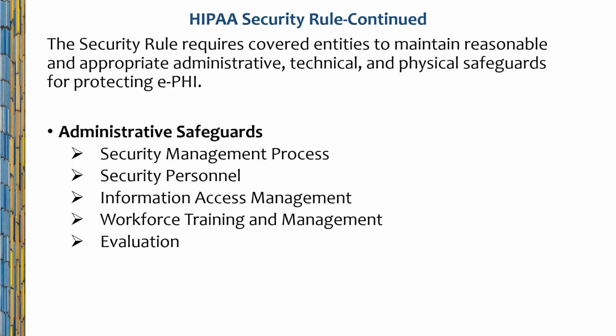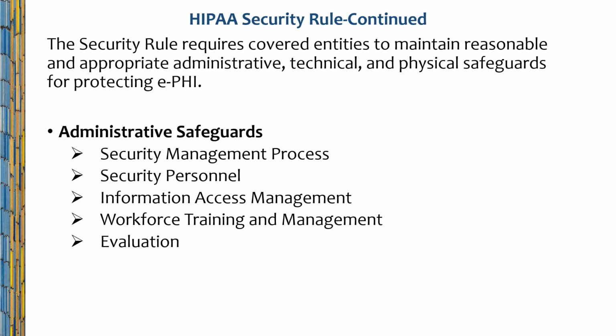A covered entity must identify and analyze potential risks to electronic PHI, and it must implement security measures that reduce risks and vulnerabilities to a reasonable and appropriate level. Number two on the list is security personnel. A covered entity must designate a security official who is responsible for developing and implementing its security policies and procedures.